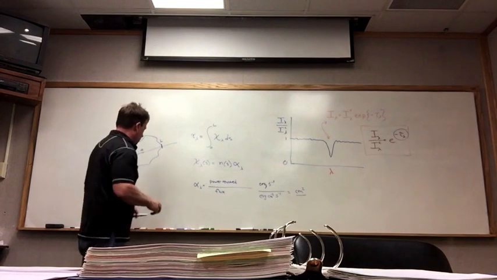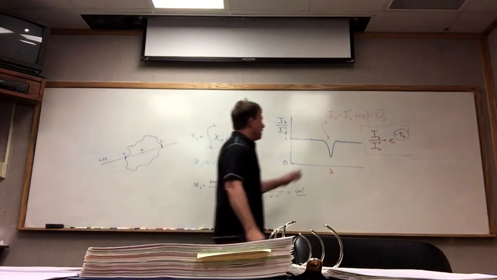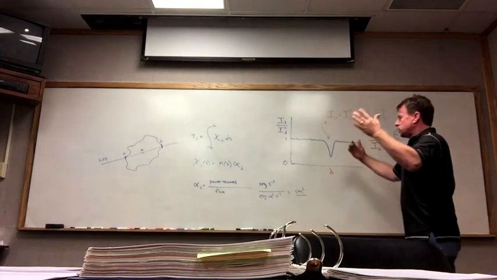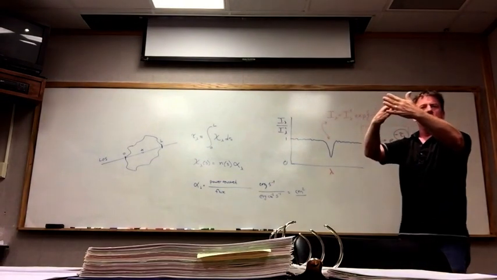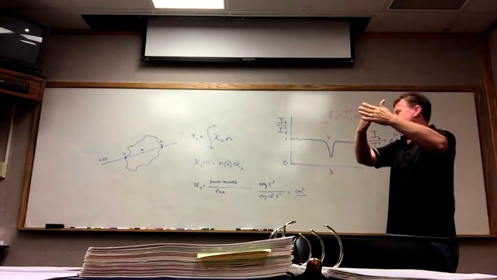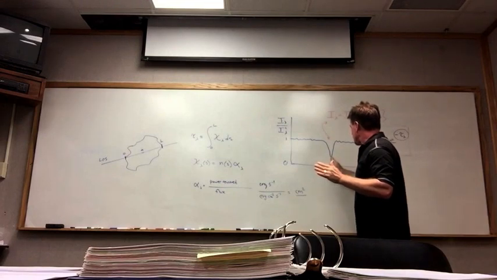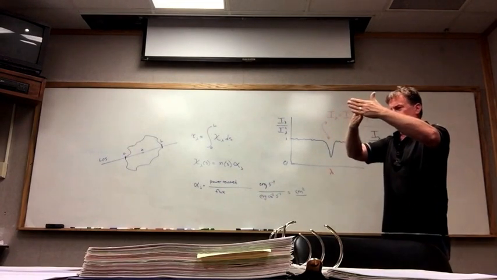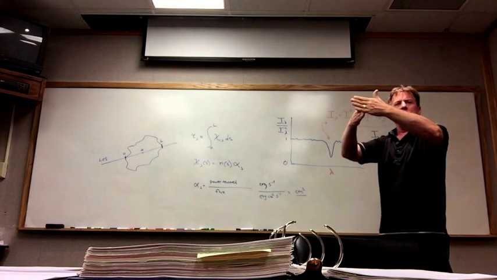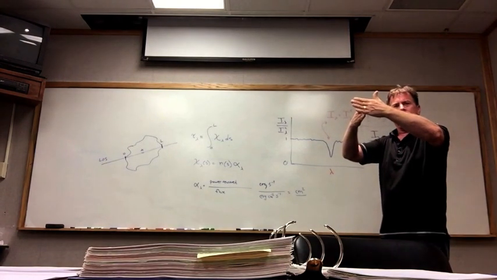So what is this saying? You have some atom in the gas, the light's coming through with a beam, and at different wavelengths, let's say at this wavelength right here, there is a certain cross-section of absorption.